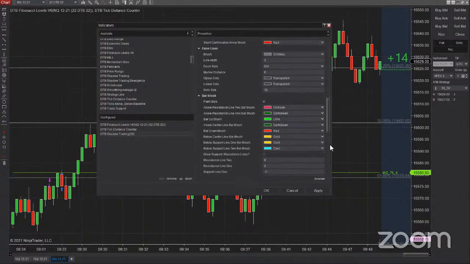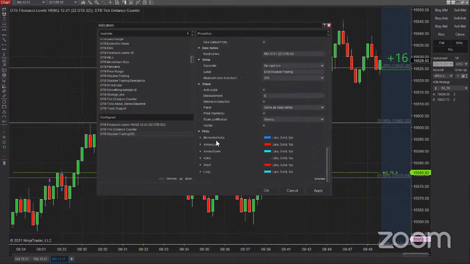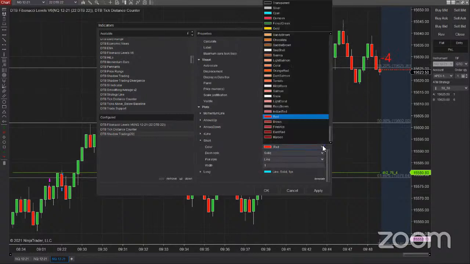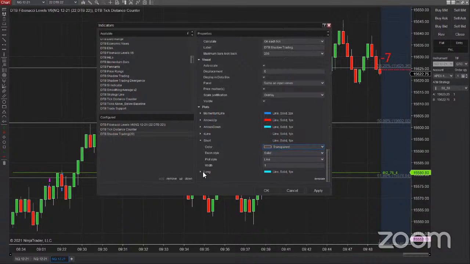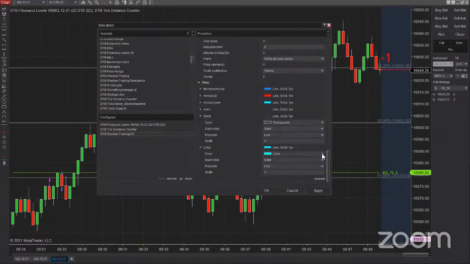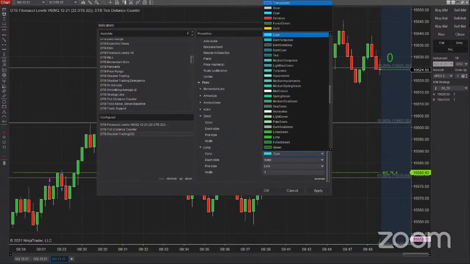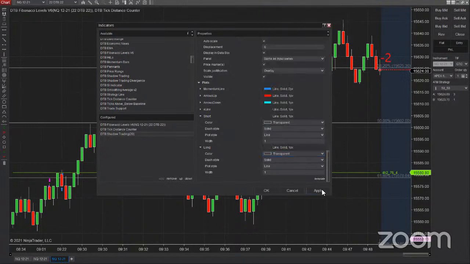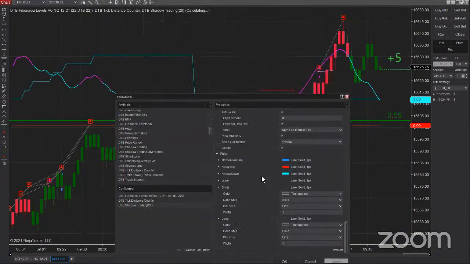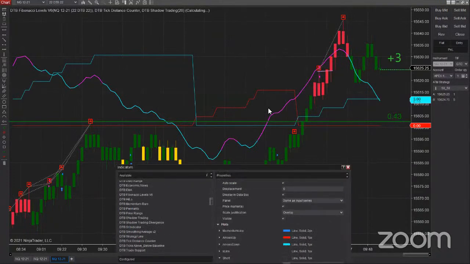Let me just see if I can disable those plots. We don't need to see the plots when we've got just the indicator loaded on its own. So I'll just make those transparent. I think that will do it. No, they're still there for some reason.